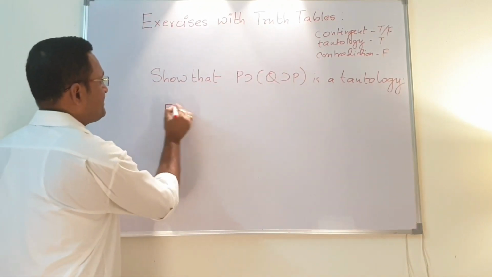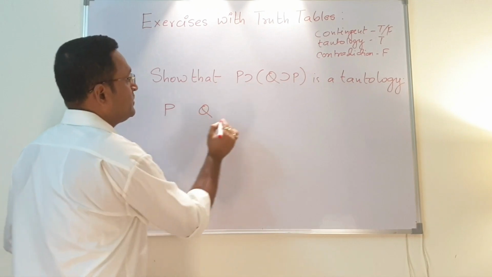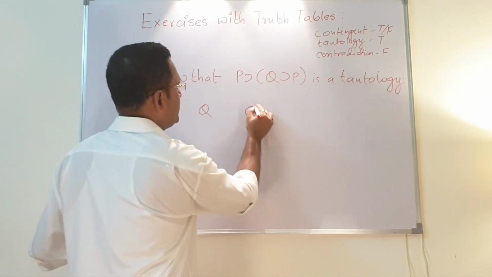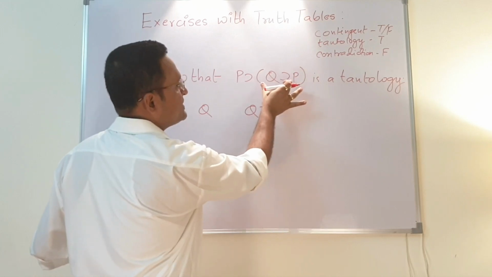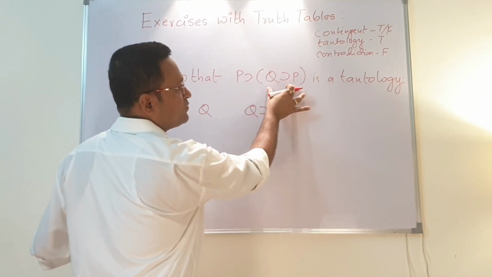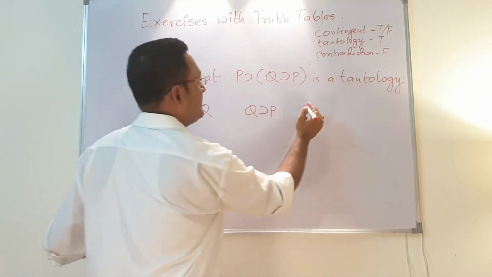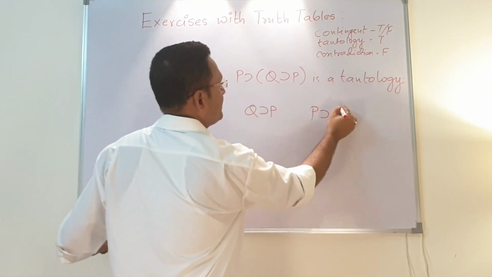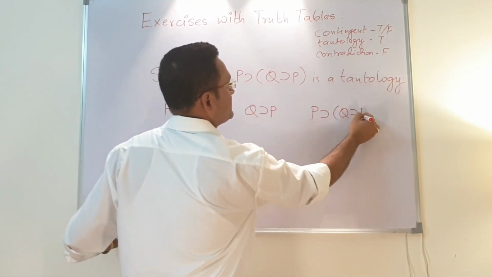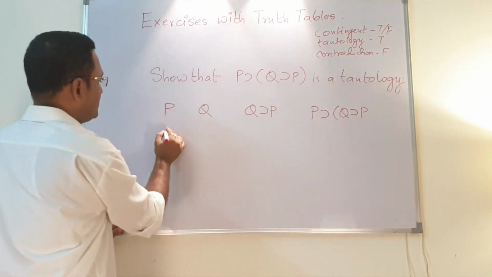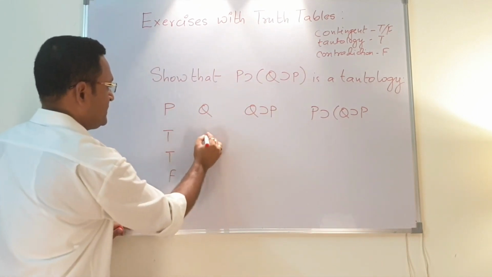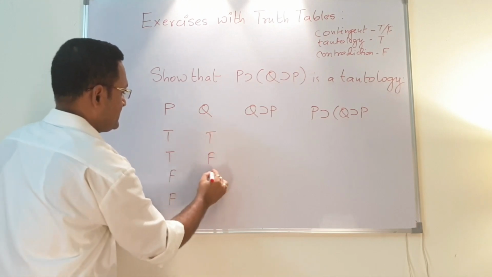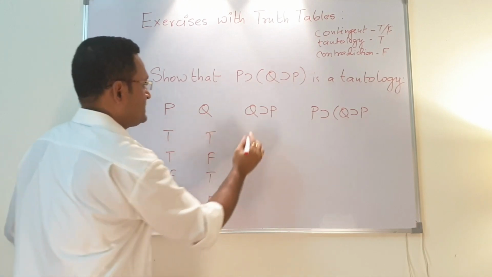We have P, we have Q, we have Q implies P, because it is in brackets, so the value of this has to be calculated first, and then we will calculate the value of P implies (Q implies P). So this is going to be the truth table. So I put it as true, true, false, false, true, false, true, false.